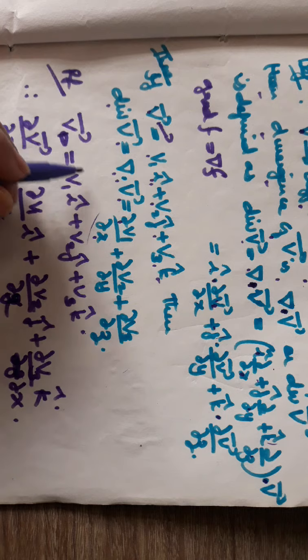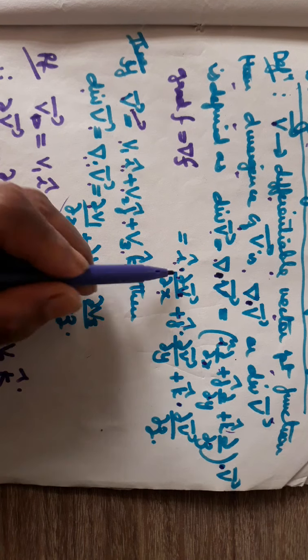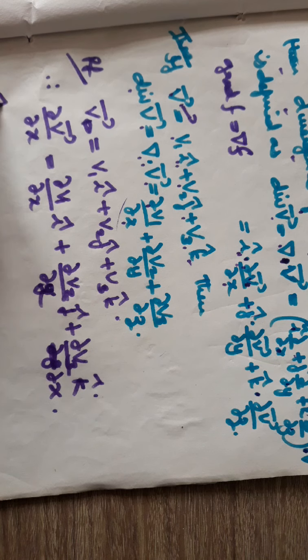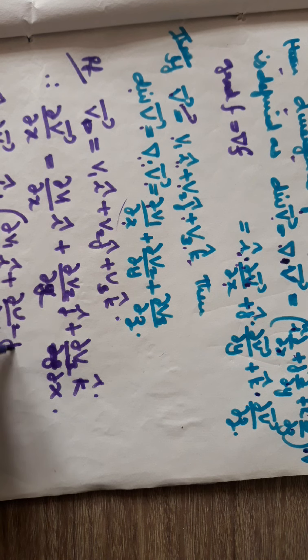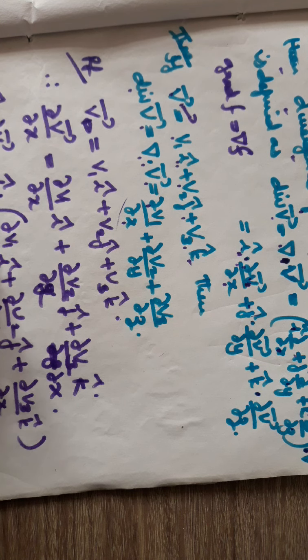Now what we need, by this definition, is i dot del v bar/del x. So you apply this scalar product on this. So you have i dot del v bar/del x equal to i dot of del v1/del x into i plus del v2/del x into j plus del v3/del x into k cap.